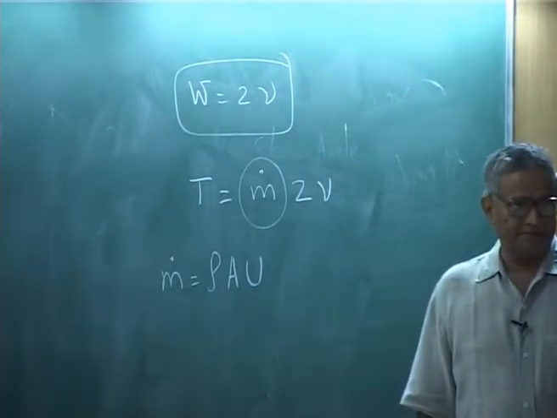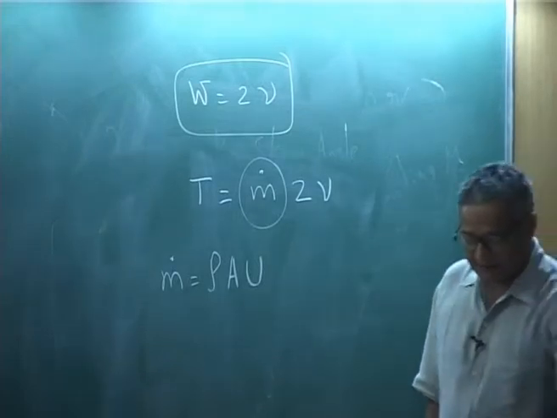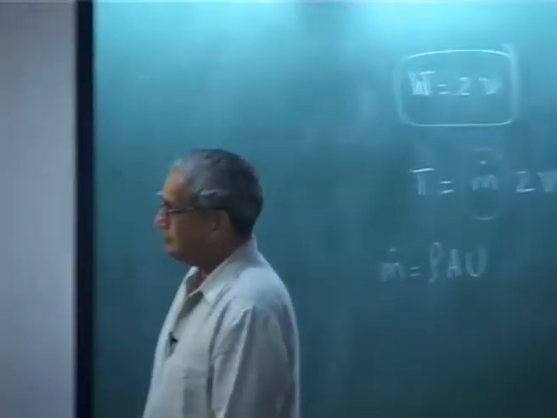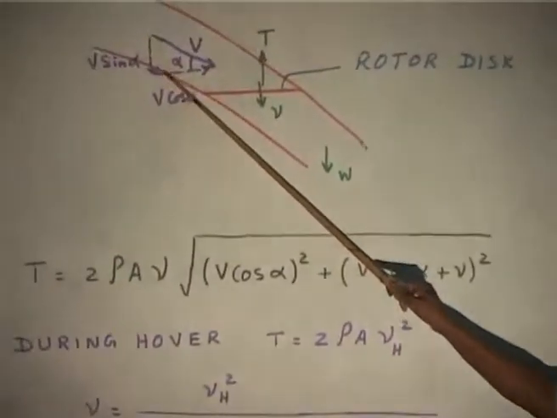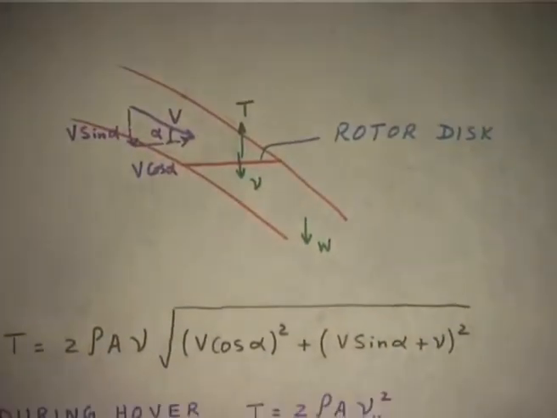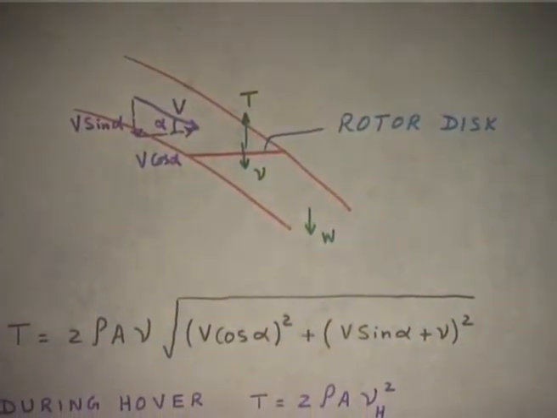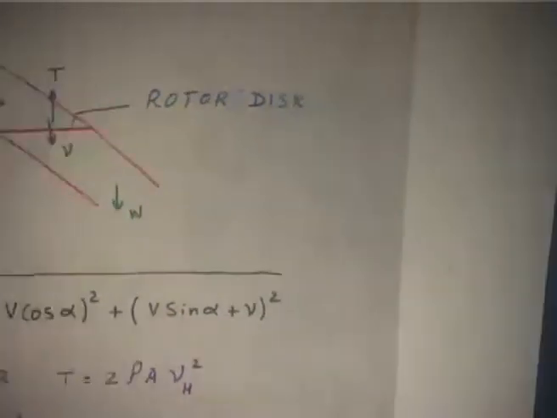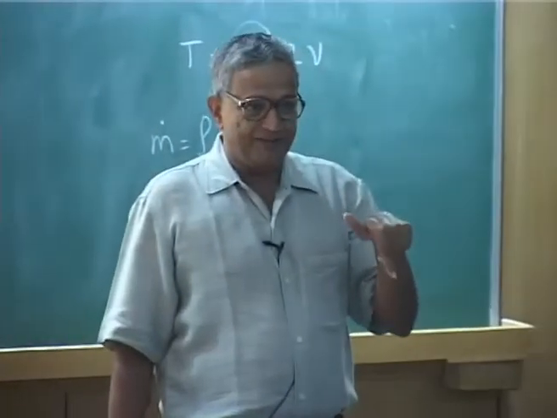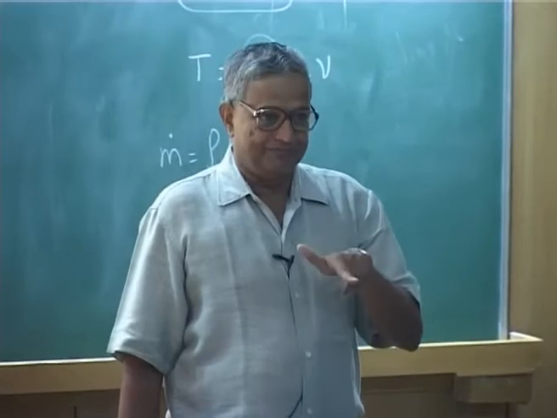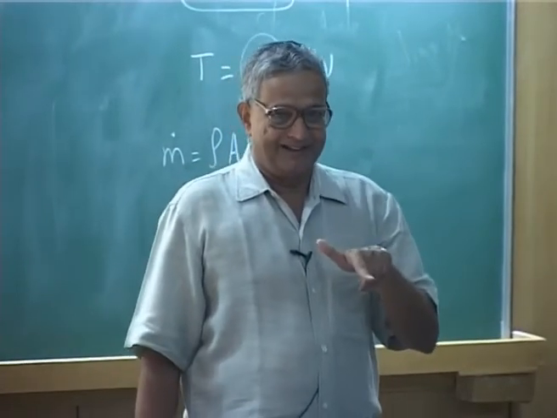Normally you think that the velocity, because this component V cosine alpha is parallel to the disc, what is flowing through the disc is V sin alpha plus nu, okay.